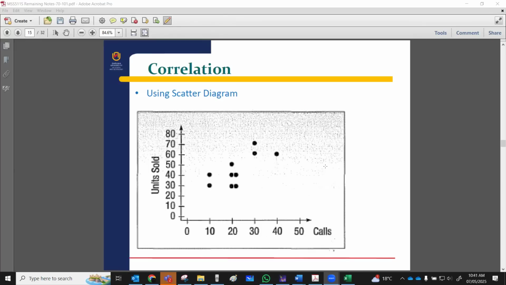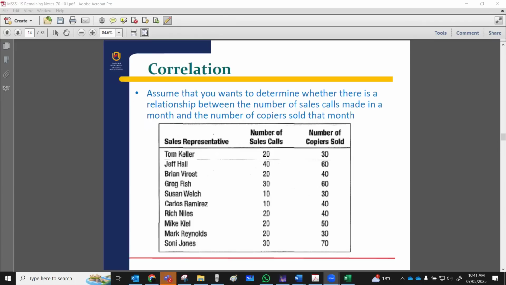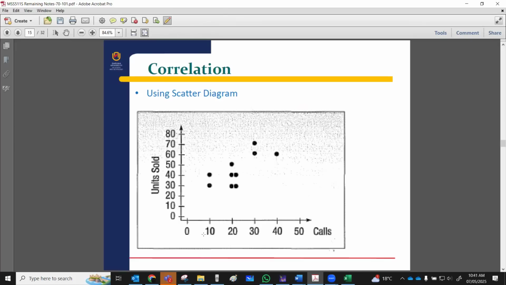Okay, now the first way to get a visual representation of the correlation is by using what we call a scatter diagram. So what we do is we plot these values on the X and the Y axis. Our sales calls will go on the X-axis and this one will go on the Y-axis. So the first one, we have X is 20, Y is 30. So we go and we plot it.